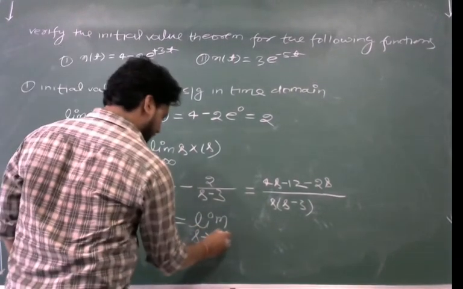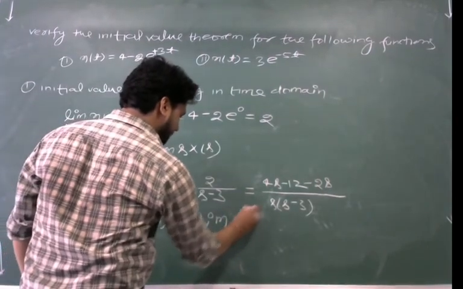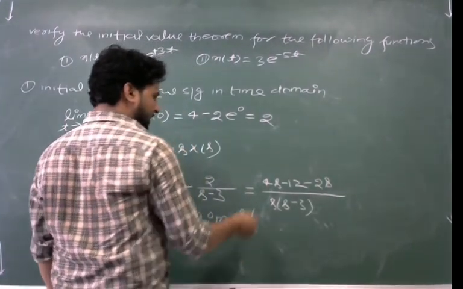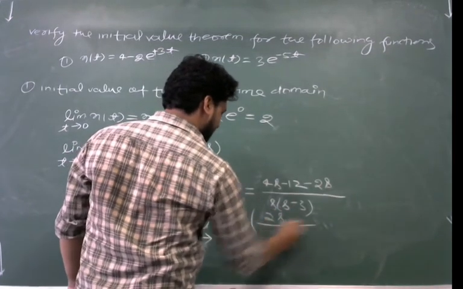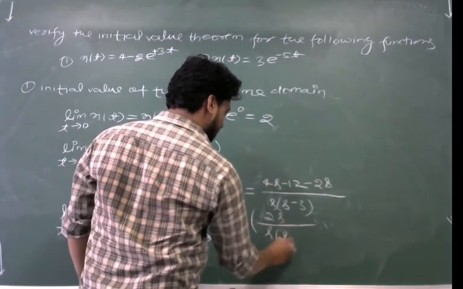So this will be equal to limit s tends to infinite s times the value of x of s, which is 4s minus 2s, that is 2s by s into s minus 3.